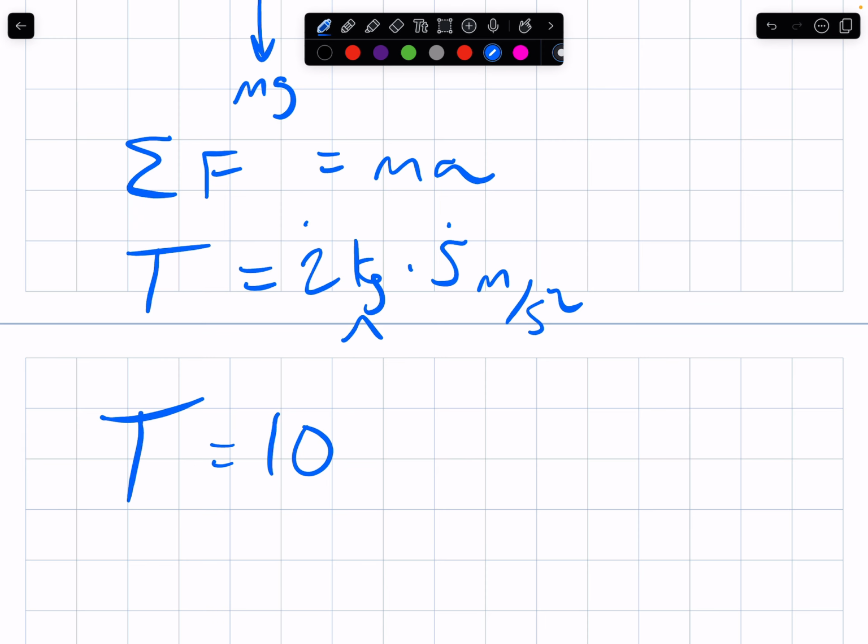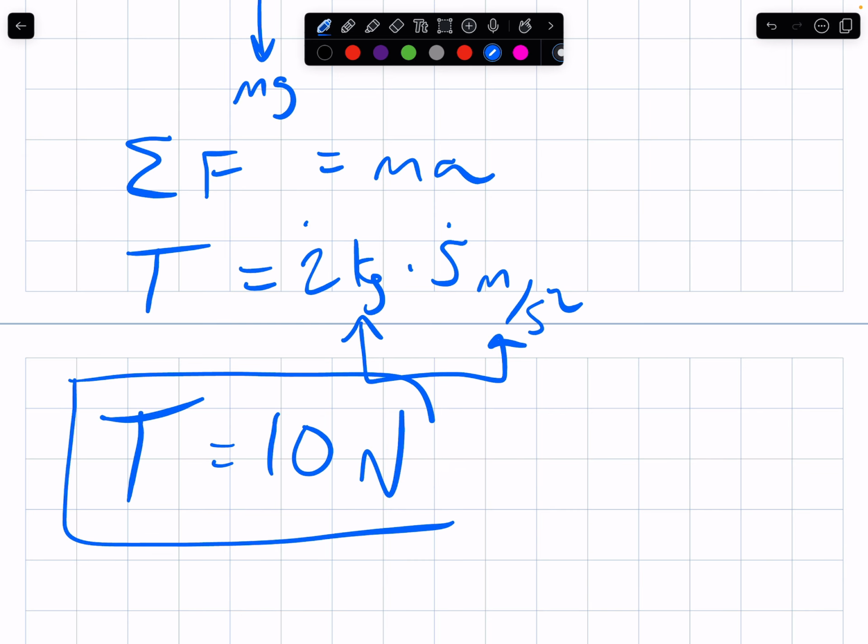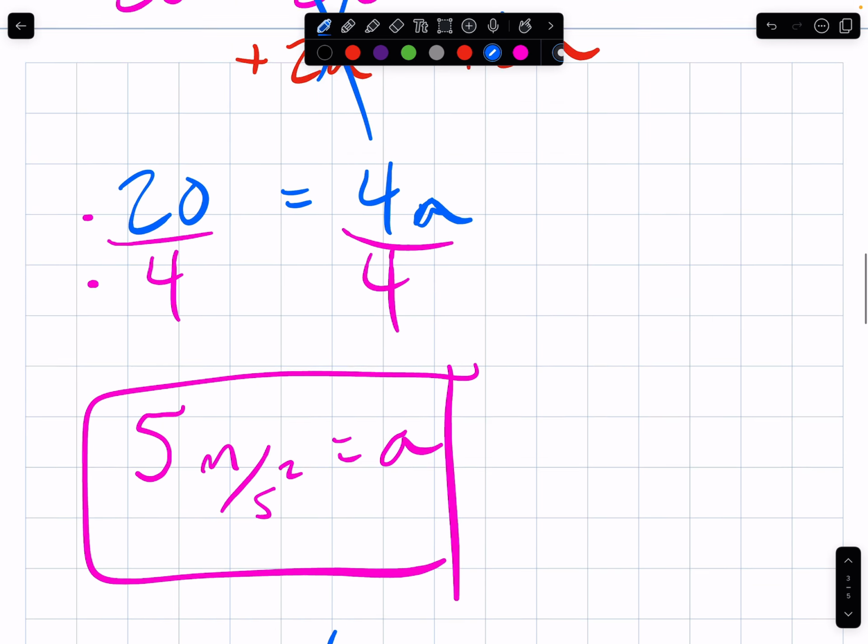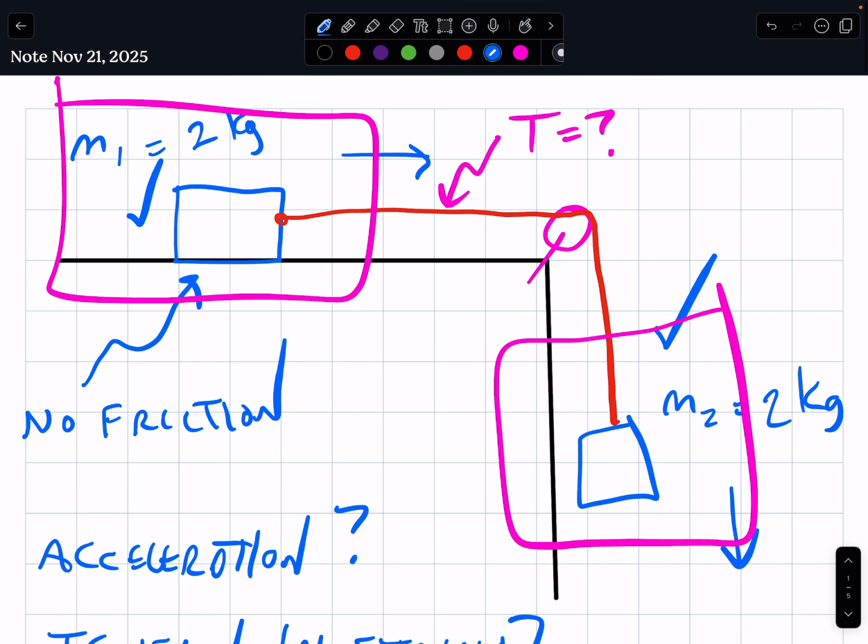And a kilogram times a meter per second squared is equivalent to a newton. So the tension in the string is 10 newtons. There you go. Problem done. And how do I shut this thing off now?